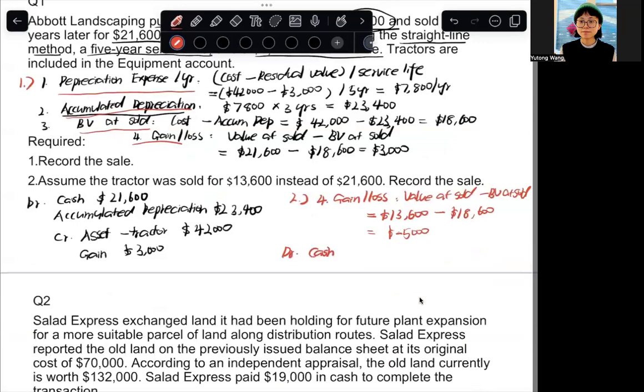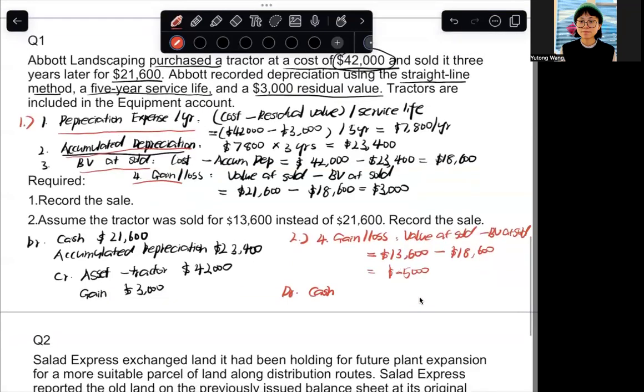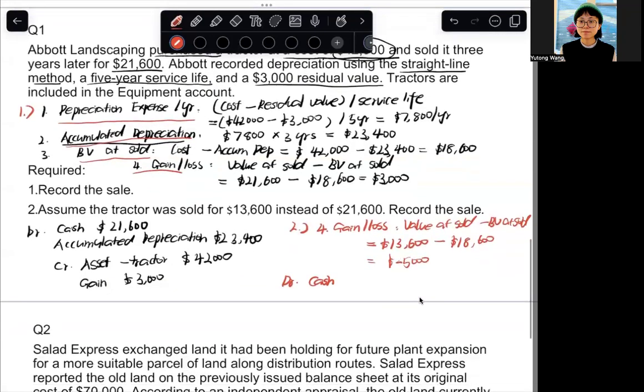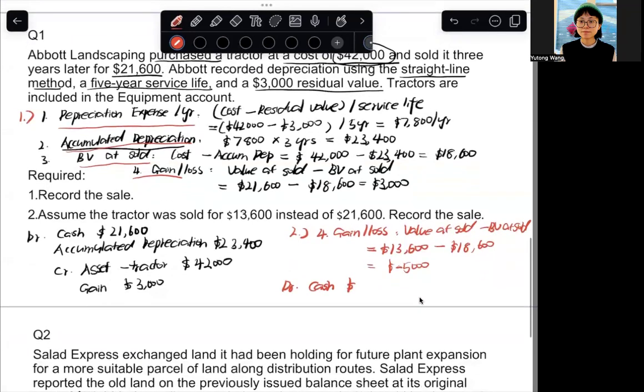Cash: even though this company sells the tractor at a loss, it still gets some cash. So that will not change. Here is 13,600 and the accumulated depreciation, it's the same amount.